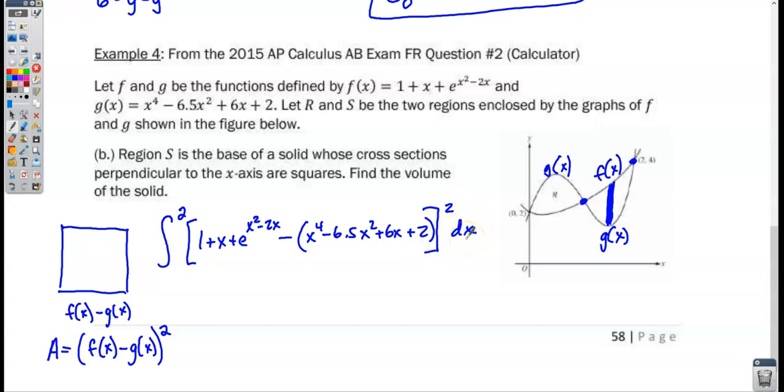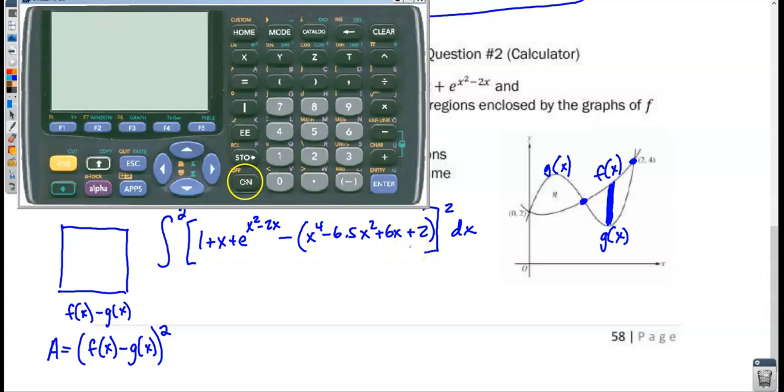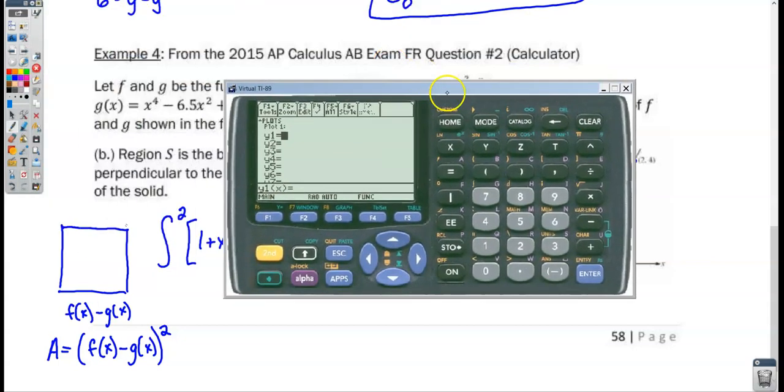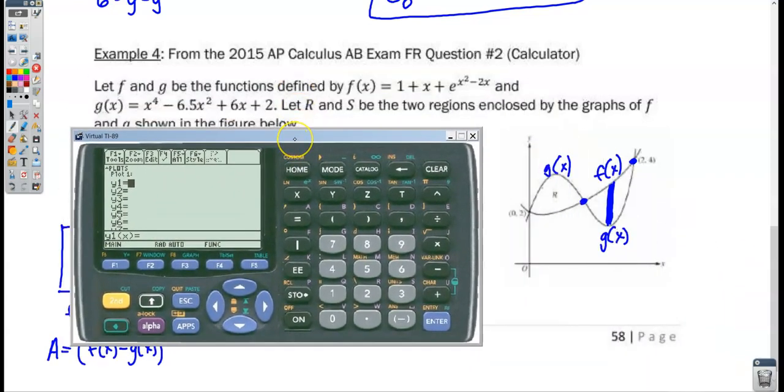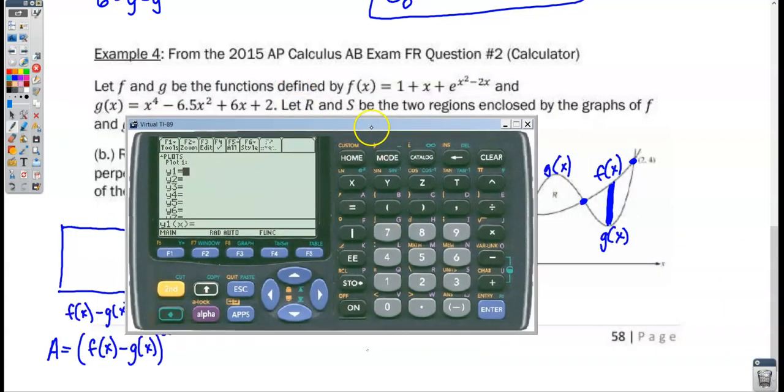That's the area of one of those squares. And now I need to do two things. I need to find the intersection point of these two curves, and then I need to integrate.